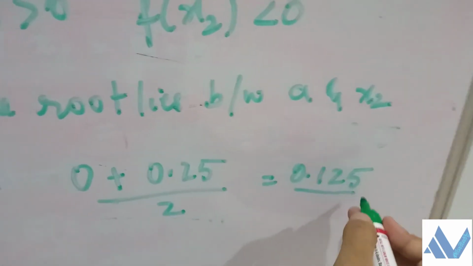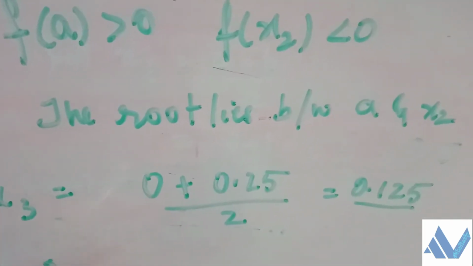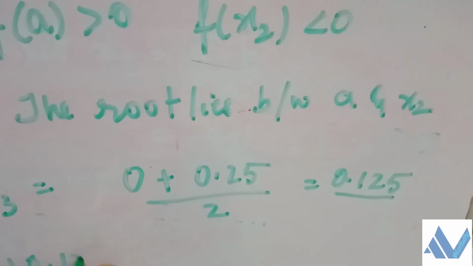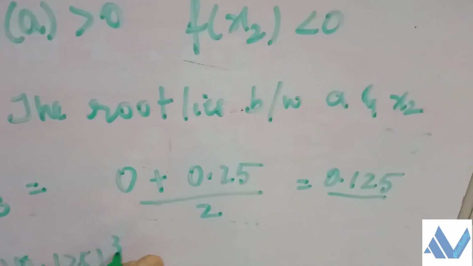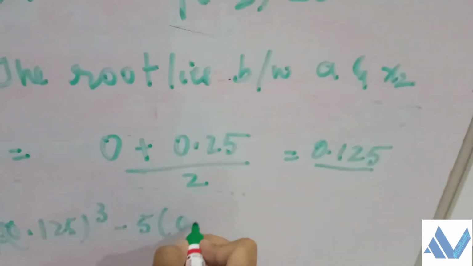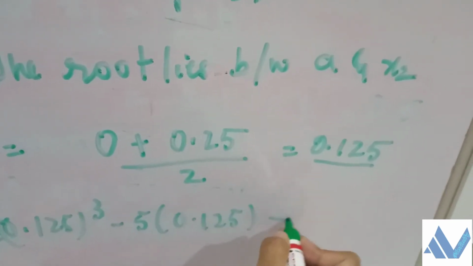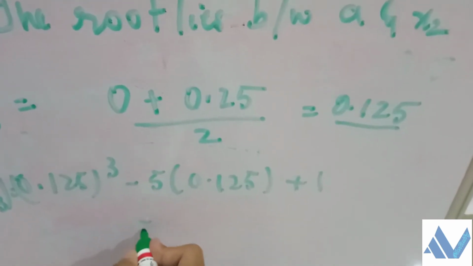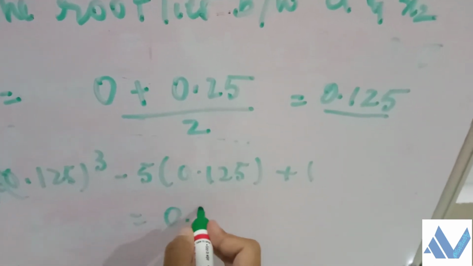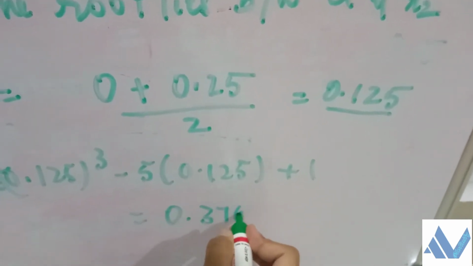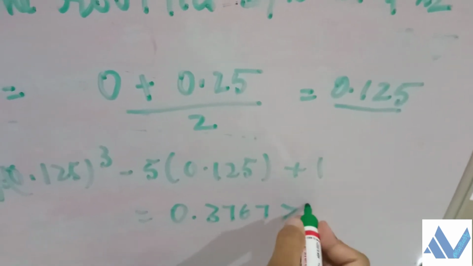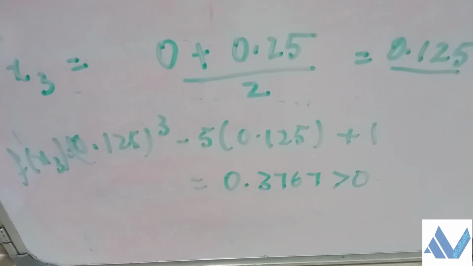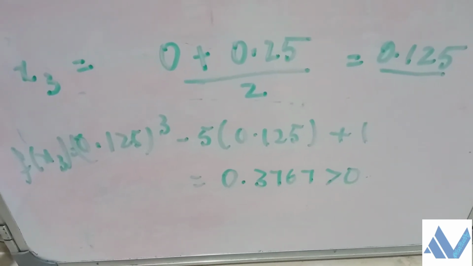Now we substitute the value in the equation again, that is f(x3) equals 0.125 the whole cube minus 5 of 0.125 plus 1. So you get 0.3767, greater than 0. Now we have got a positive value.